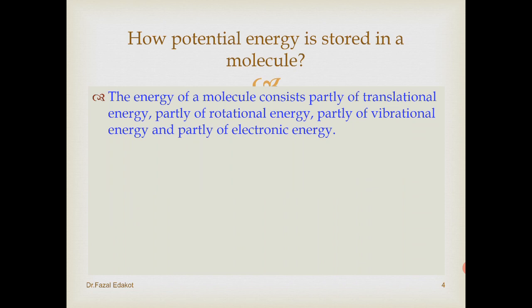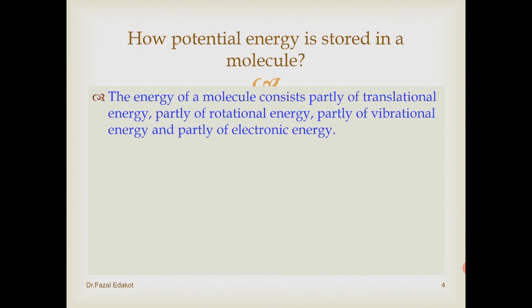So we can say that the molecule stores its energy by executing some sort of motion, or one part of the molecule, the electron, acquires energy and gets excited. Once they execute these types of motion, they need energy. That energy can be absorbed from outside.